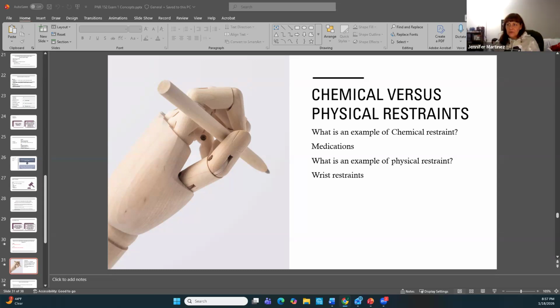So either way, we can't use either one, right? Can't use physical, can't use chemical restraints. It's a violation of the client's rights.